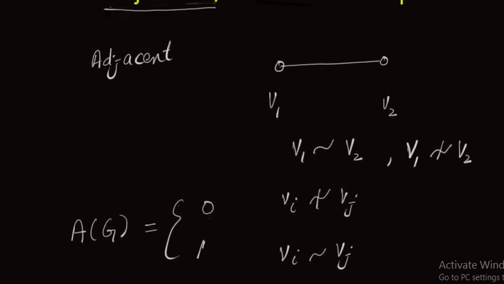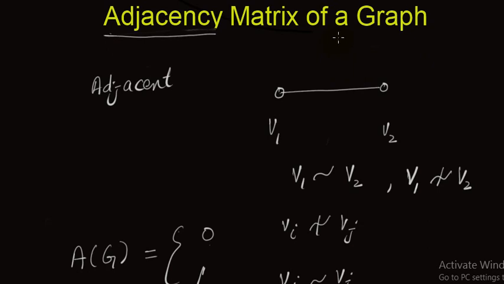For example, if we have a graph like this with v1, v2, v3, and I have a loop at some vertex, suppose a loop at vertex v2, and if there is a parallel edge in the graph, then this graph is not simple.